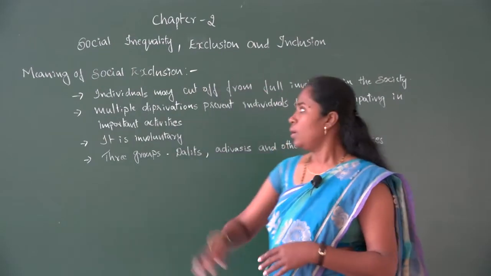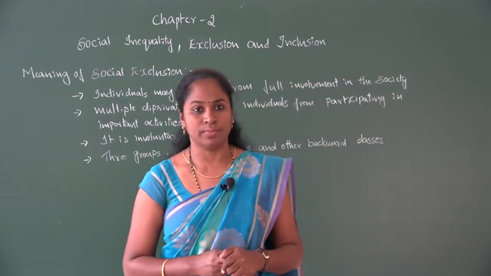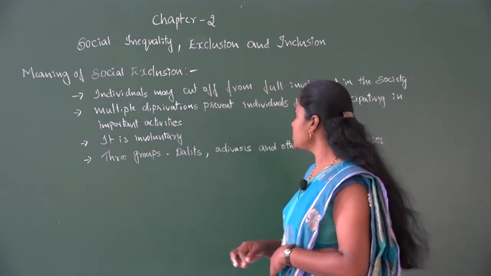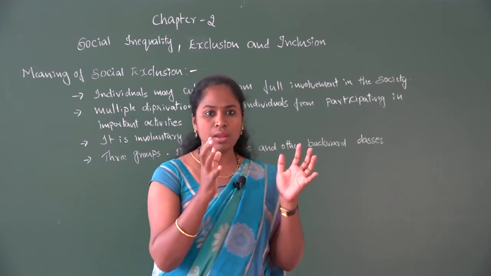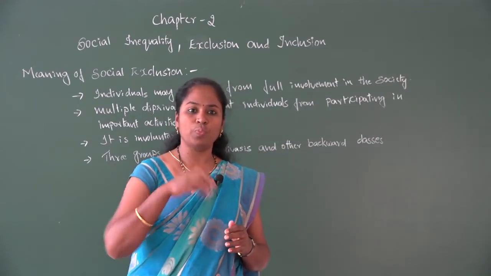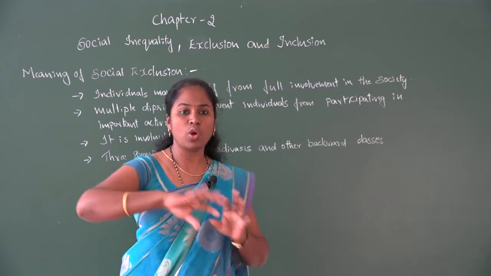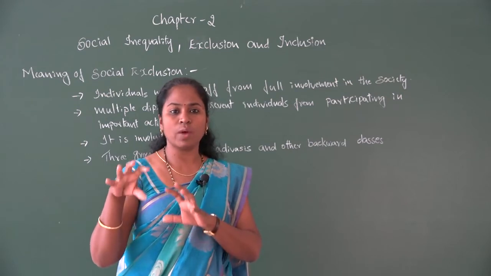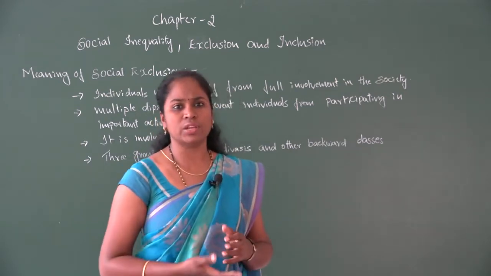Next one, meaning of social exclusion. What is exclusion? Individuals may feel that they are cut off from the main wider society. A group of people or an individual feels that they are cut off from the main wider society, and there are many reasons for that.